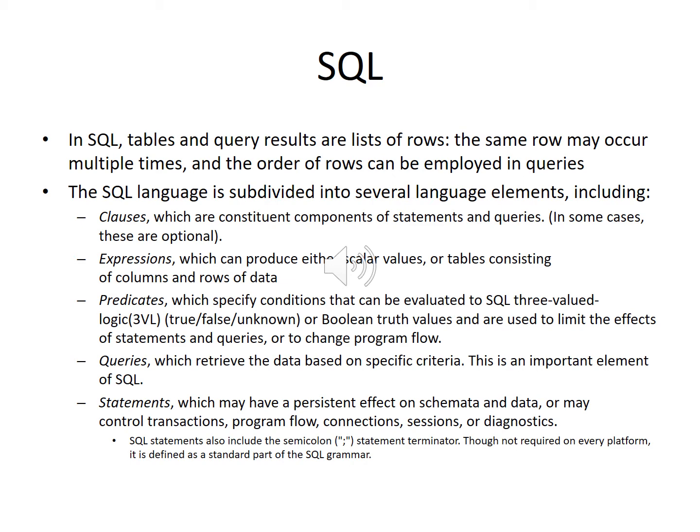Expressions, which can produce either scalar values or tables consisting of columns and rows of data. Predicates, which specify conditions that can be evaluated to SQL three-valued logic, true, false, or unknown, or Boolean truth values, and are used to limit the effects of statements and queries or to change program flow.